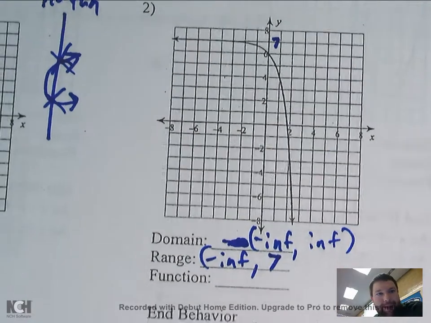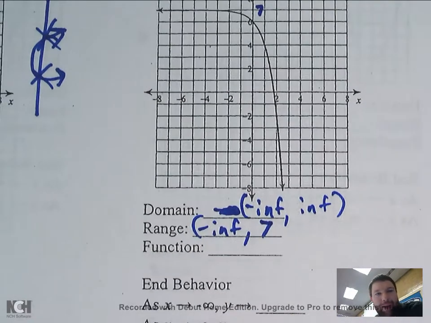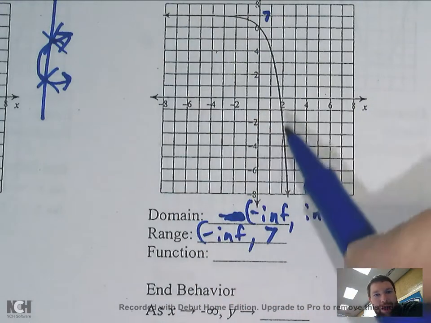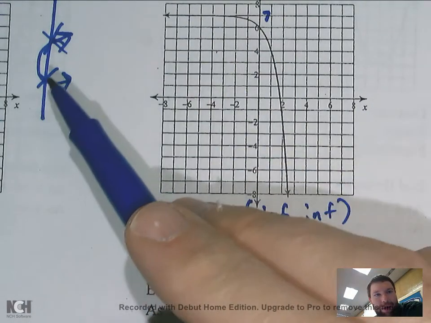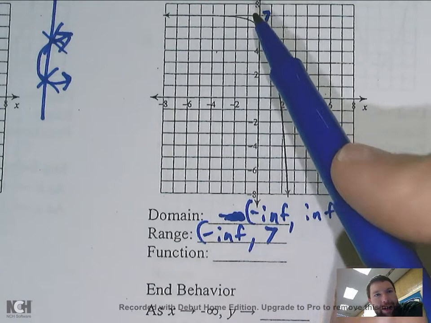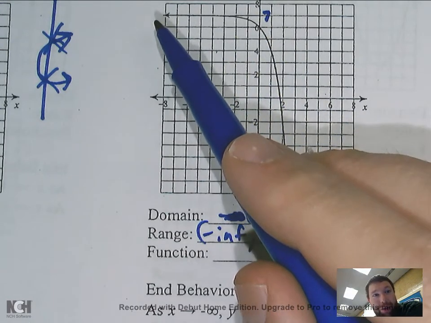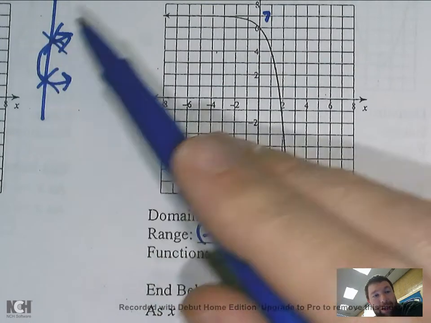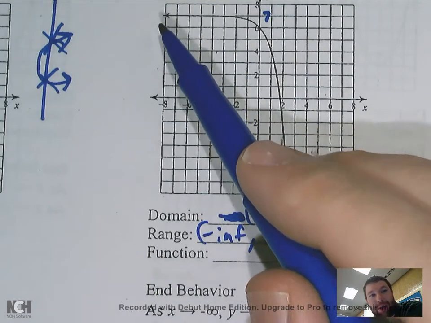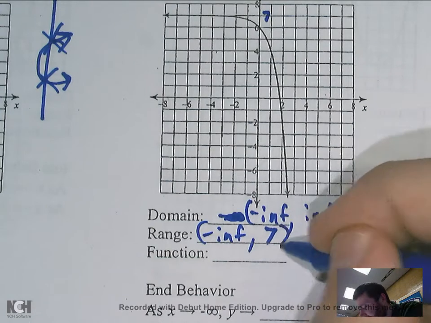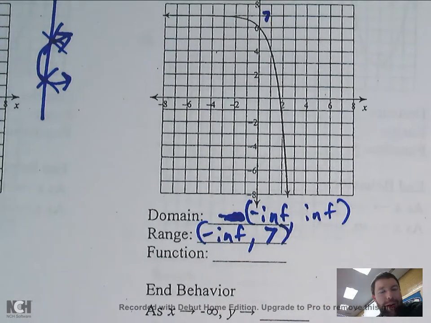But here's the thing, and this is one of the things that throws students off a lot with these exponential equations, these exponential graphs. It never actually hits 7, does it? It will get infinitely close to it as it goes off to infinity here, but it will never actually get to 7 or above 7, which is pretty much the definition for using a parenthesis, right, instead of a bracket.